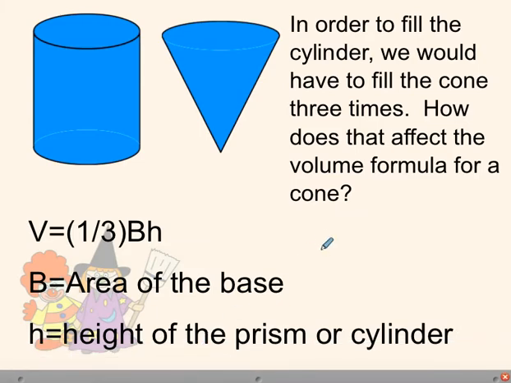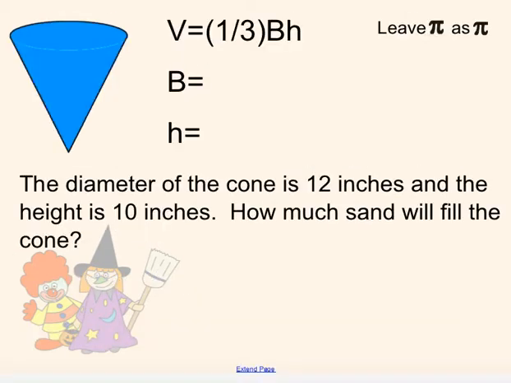So our formula for a cone is 1/3 of the area of the base times the height. So we take a normal cylinder and we can cut it into 3 cones. So whenever we have a cone, we can think, I'll just find the volume of a cylinder and divide it by 3. So let's do that with this one.